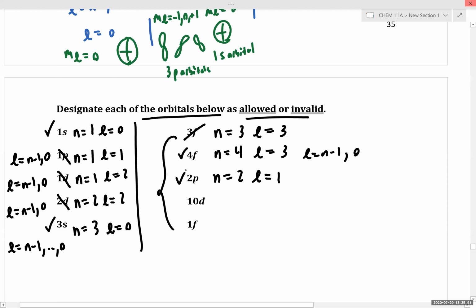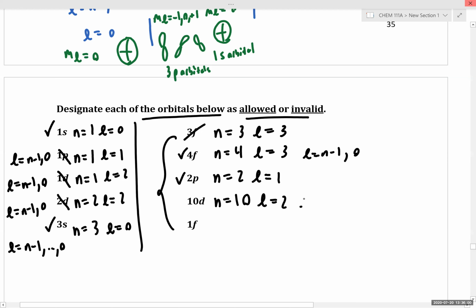Yes. Okay, for a 10d orbital, we have n equals 10, L equals 2. Is this 10d orbital allowed?